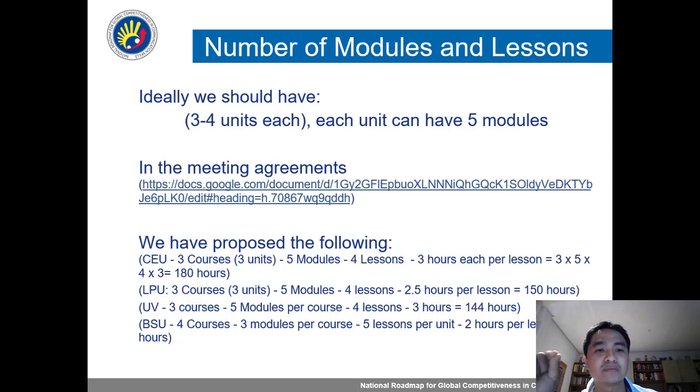And then they will have 5 modules and 4 lessons, and every lesson will be 3 hours. LPU, as mentioned in that meeting, will have 3 courses, so that can be English 1, English 2, English 3, etc., with 4 lessons and then 2.5 hours per lesson.